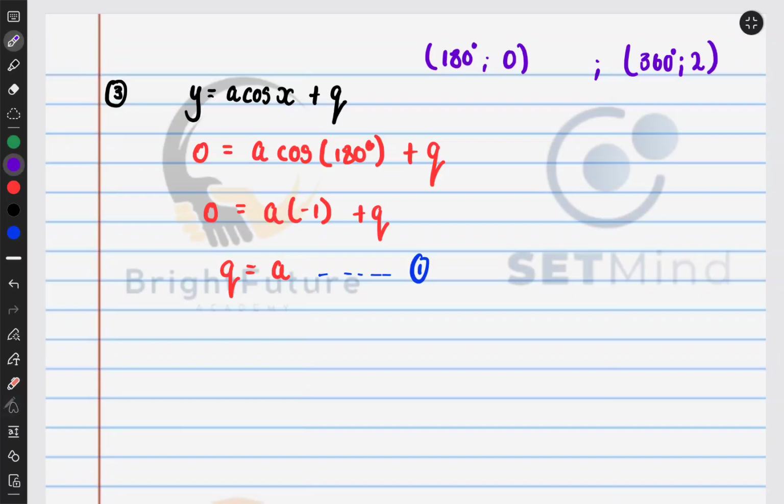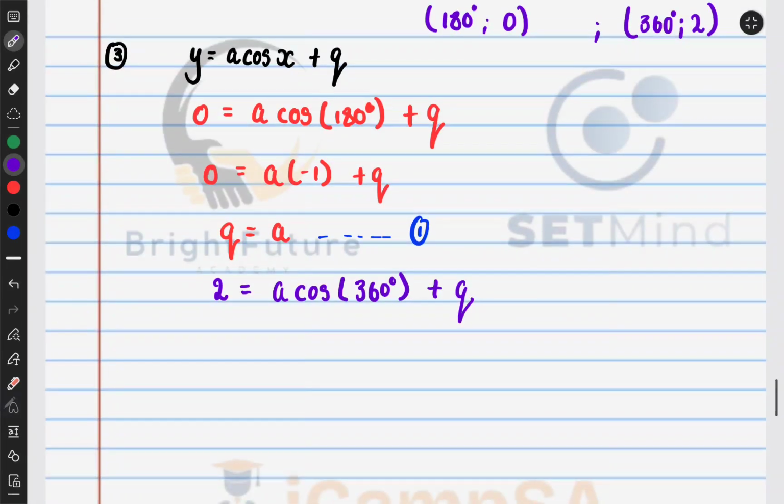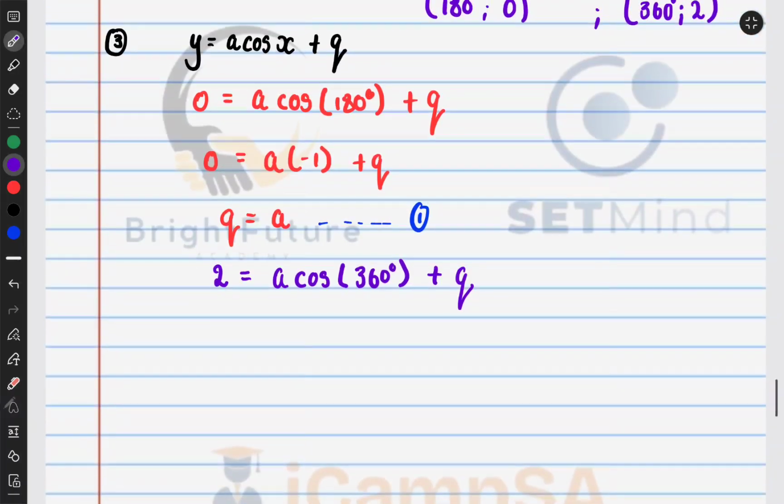And then for equation 2, let's substitute 360 degrees and 2. Where y is 2, x is 360 degrees: 2 is equal to a cos 360 degrees plus q. What is cos of 360 degrees? It is 1.